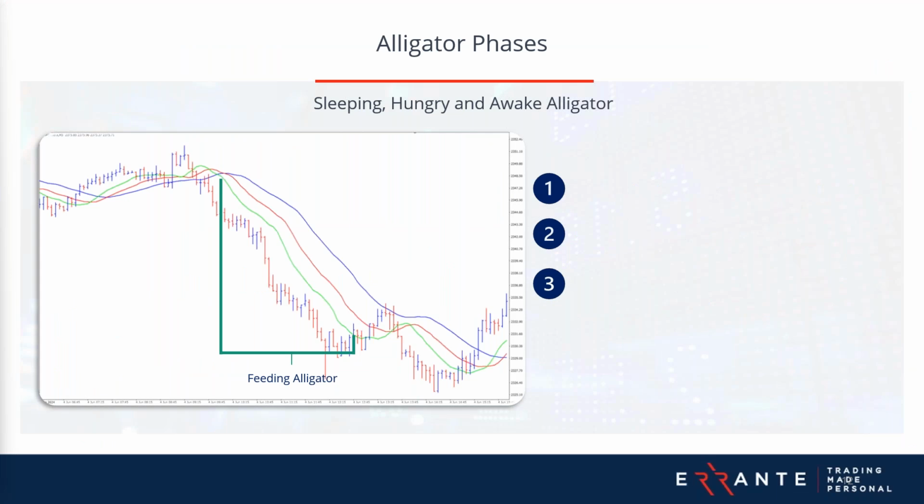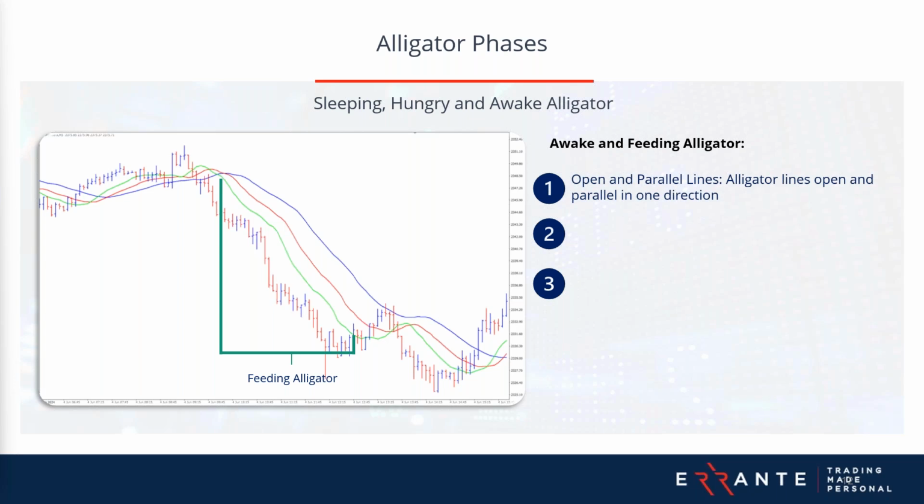Okay, so let's move forward and focus on the other phase of Alligator, which is the awake Alligator phase. This is also crucial for capitalizing on strong and stable trends. Understanding this phase will help us identify and follow profitable market movements.